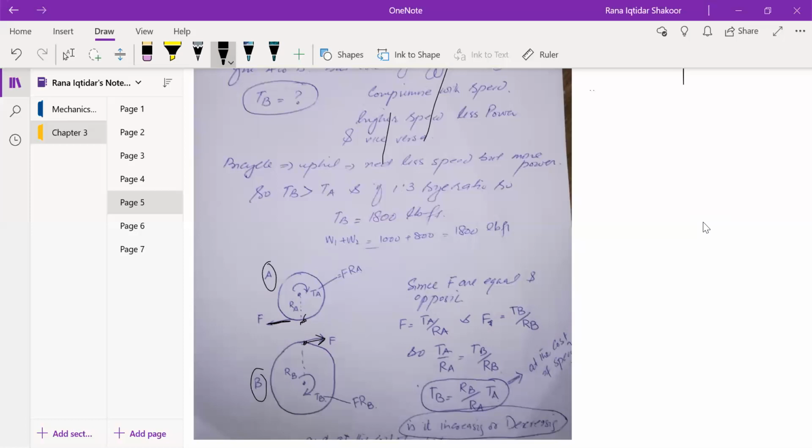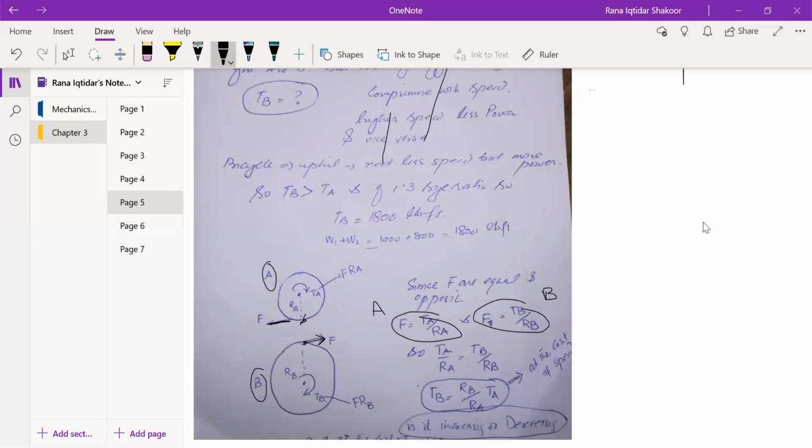Since forces are equal, we can write F equals TA over RA for the A gear, and F equals TB over RB for the B gear, right? Since forces are equal and opposite, TA over RA will be equal to TB over RB, and if we want to calculate the torque produced by B gear, it will be RB over RA into TA.